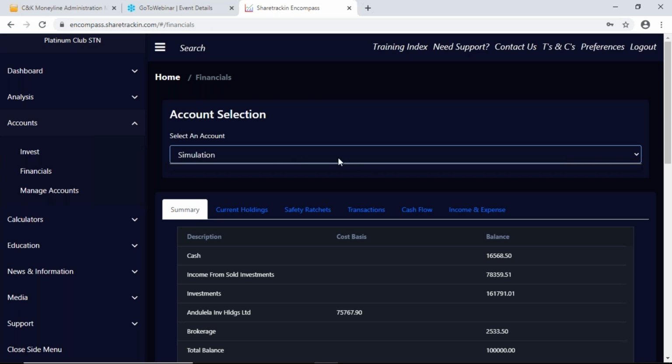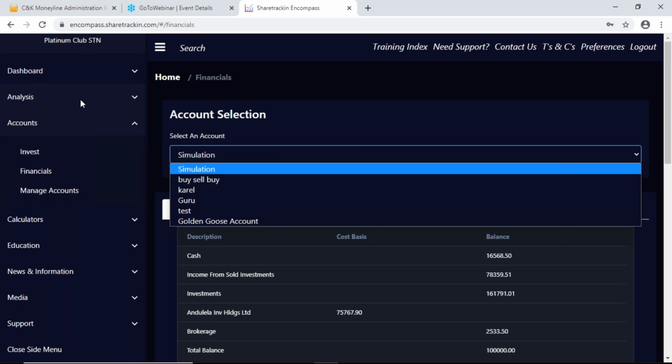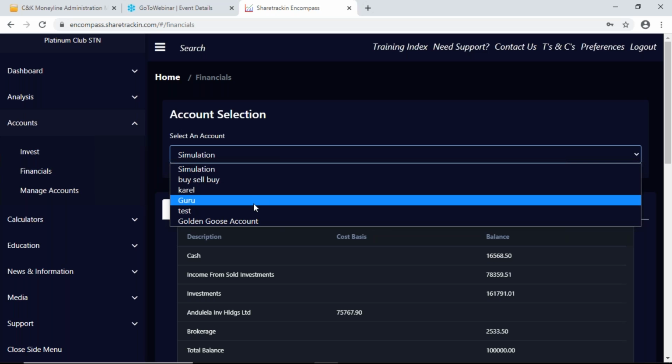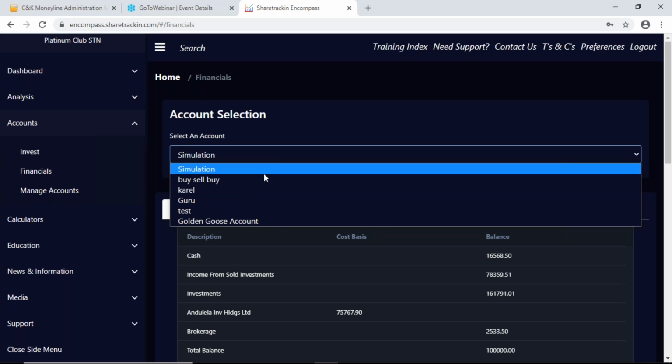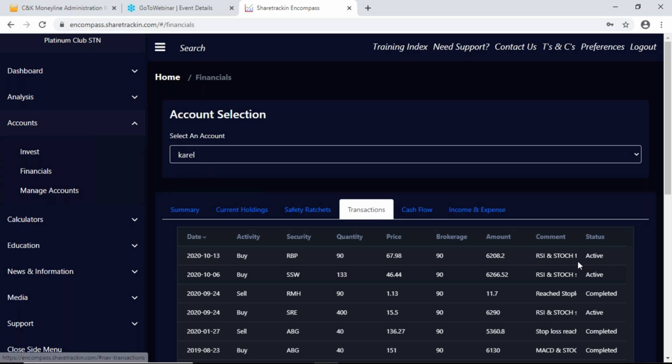Financials. Yeah, and then you would just select your account here to see what you said, why you bought this share. If I go there, there's my full comment.